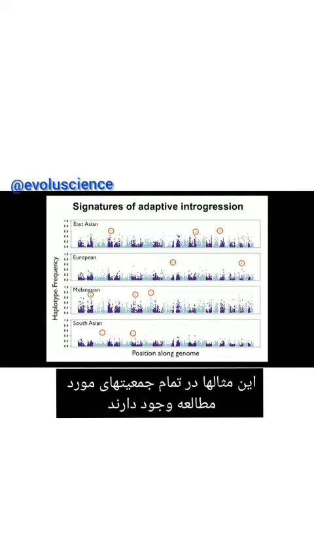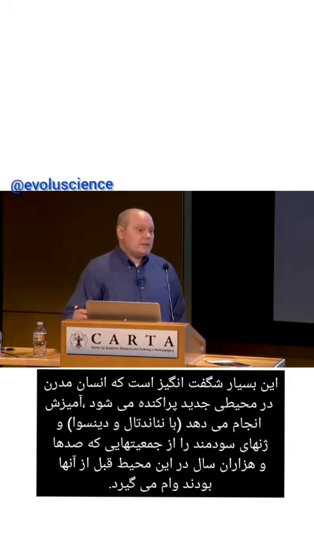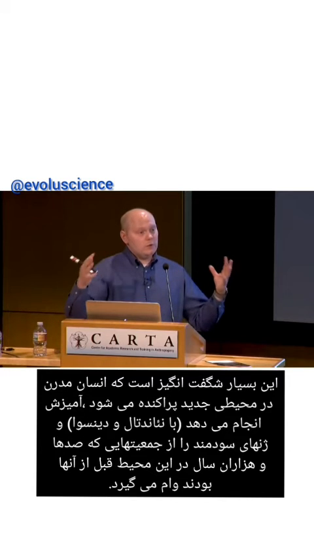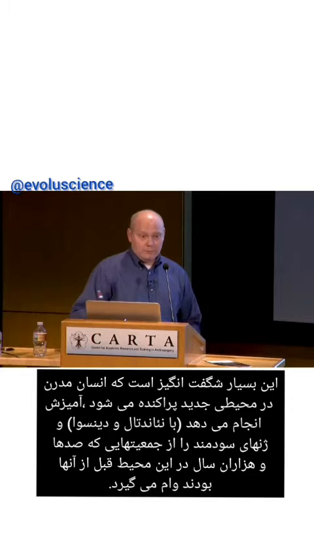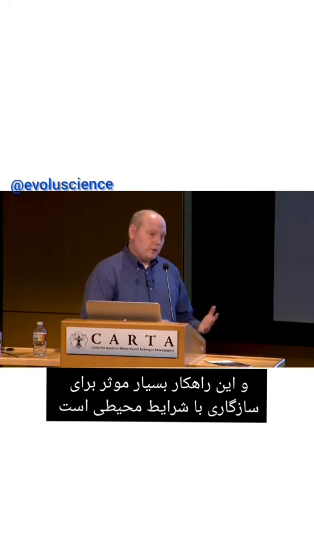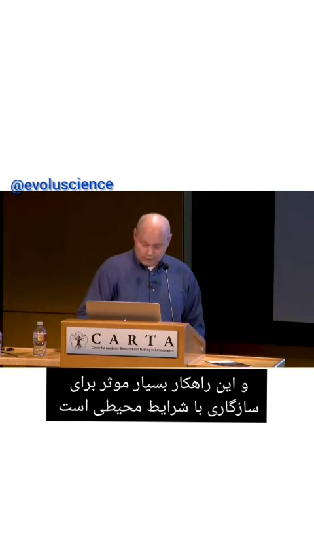And we can find examples of this in all of the populations that we look at. And this is pretty fascinating because as modern humans are dispersing into these new environments, they're admixing and picking up beneficial copies of genes from a species or group of populations that have been there for hundreds of thousands of years before them. And so this is a pretty efficient way to adapt to new environmental conditions.